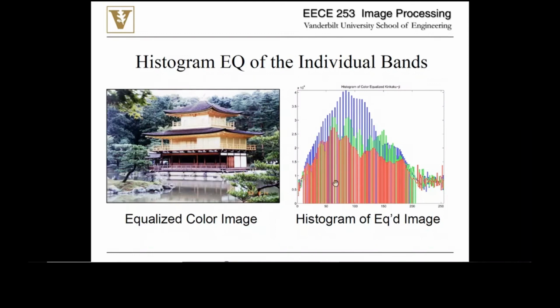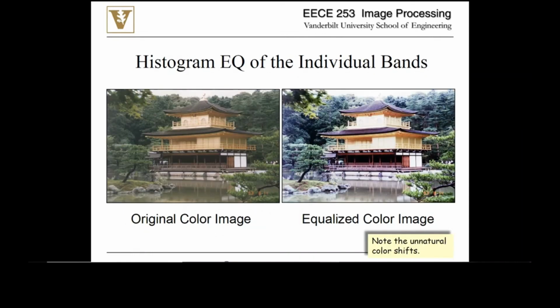But this has another problem, that it may create colors that didn't exist. So here we have the two equalized images, and besides not looking natural, because natural images don't have flat histograms, we may additionally have distorted the color relationships between different parts of the image.